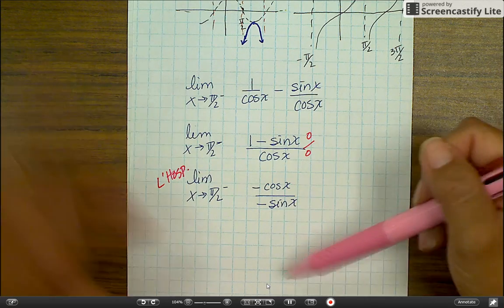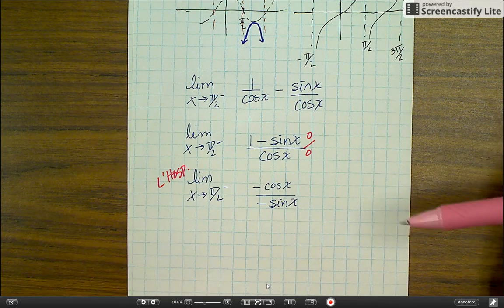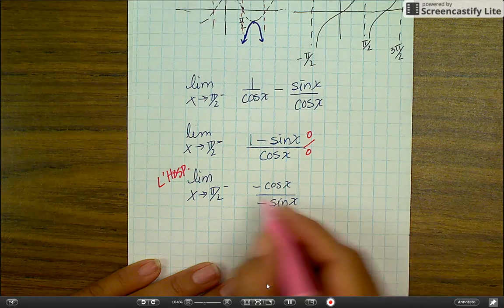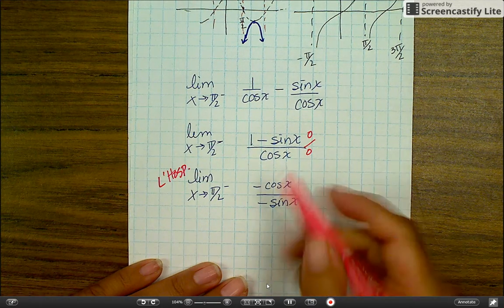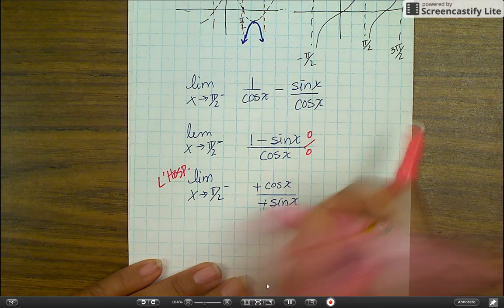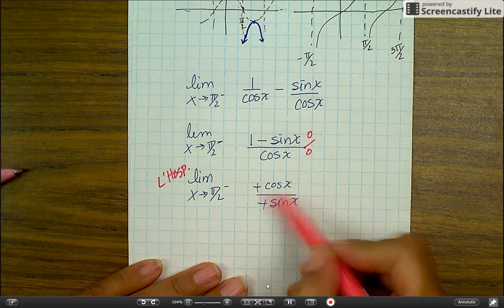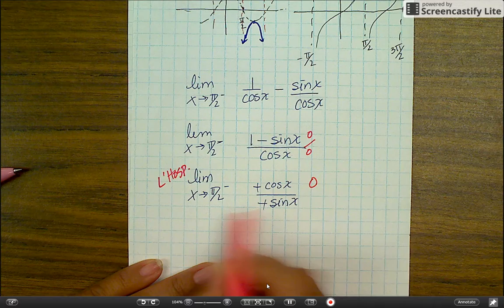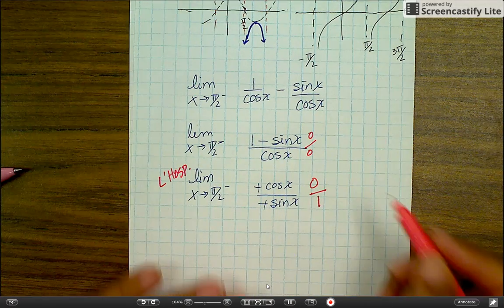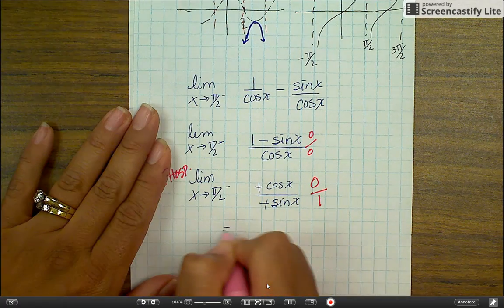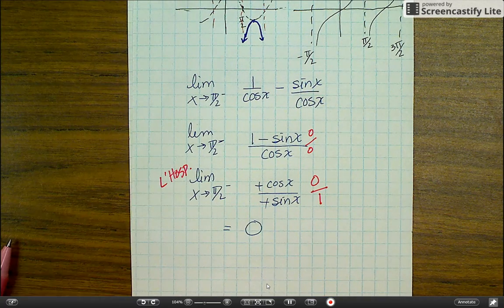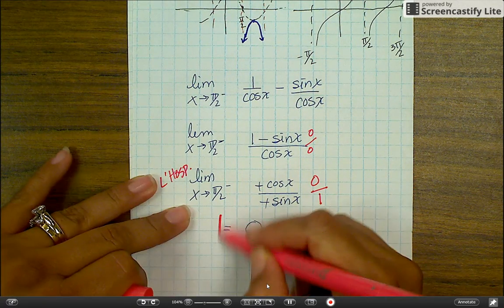You can simplify that, or you can just put pi over 2 in, and you should be fine. So if I put pi over 2 in, well, these are positives now. So cosine of pi over 2 is 0, and sine of pi over 2 is 1. And so what is 0 over 1? It is equal to 0. And that is the answer to that problem.